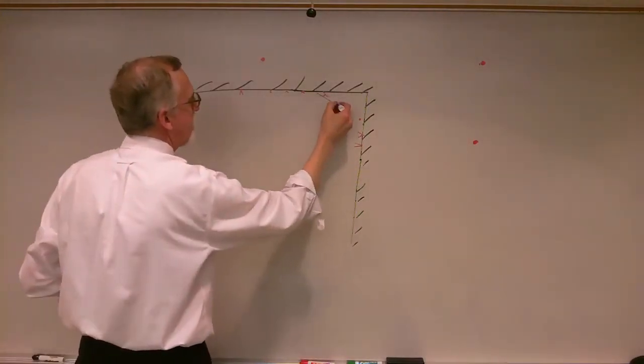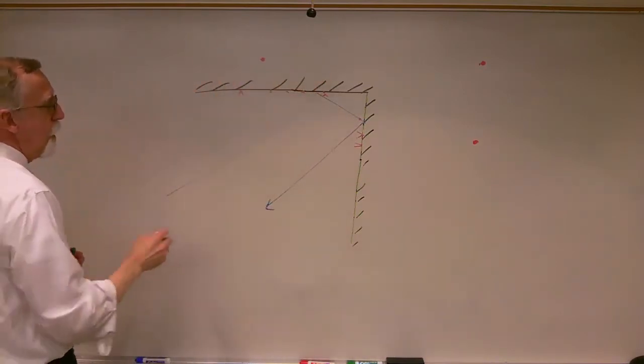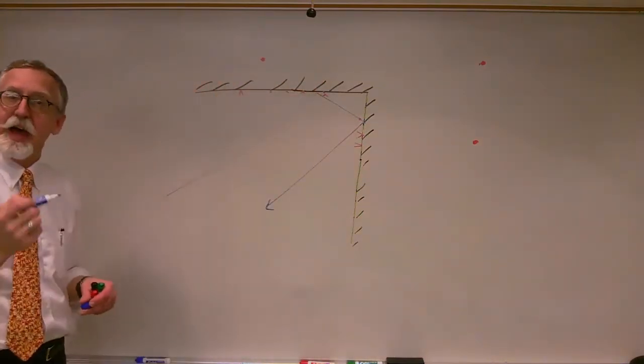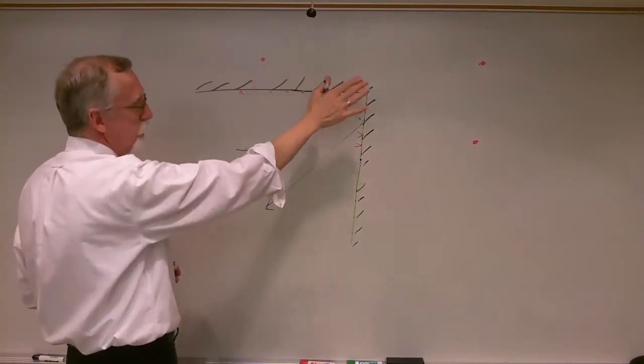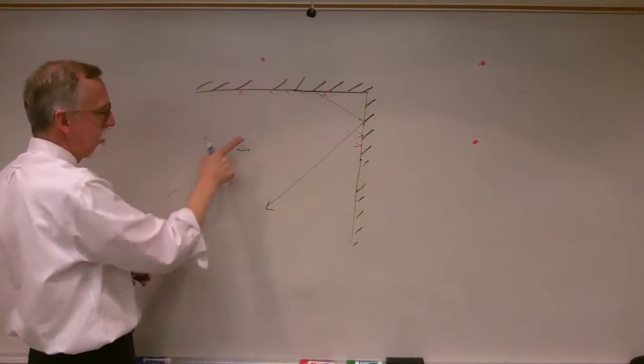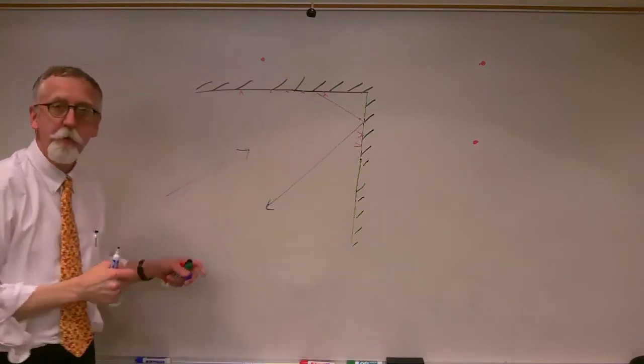It would reflect off this one, and maybe reflect off the top. The ray would actually come back exactly parallel to the ingoing ray. Especially if there was a third ray, then it doesn't matter what the incoming ray is. They would all come back out parallel to the ingoing ray.